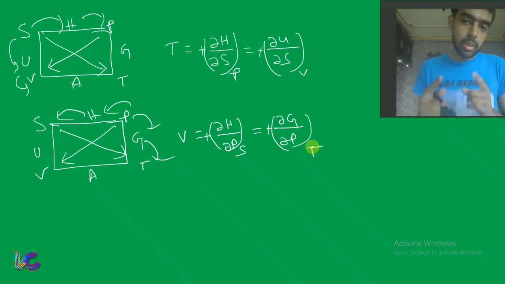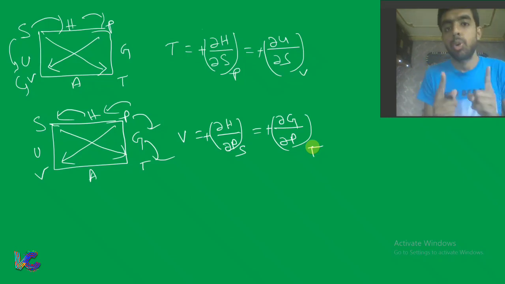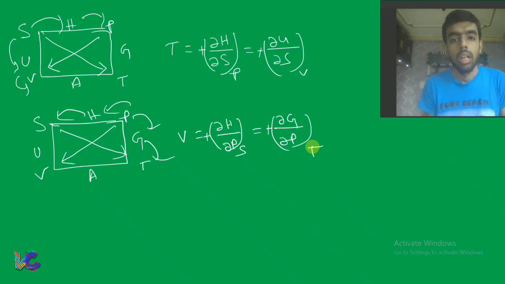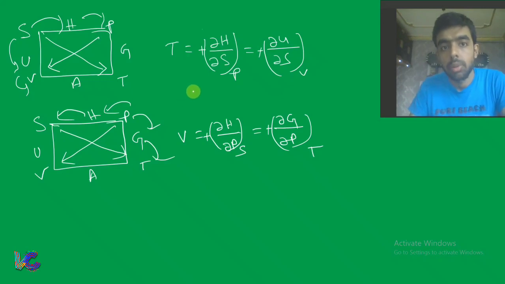Now I have said that in the second application of the Born thermodynamic square, the sign will be determined by the numerator, but in the fourth application the sign will be determined by the denominator. You may get confused, so to make things clear: in the fourth application, the two denominators are the same.